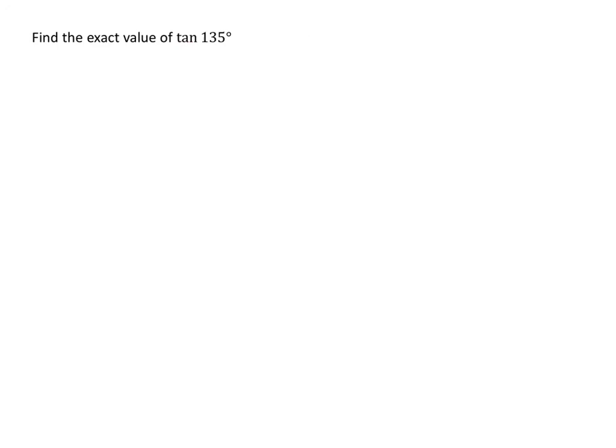Finding the exact value of tangent of 135 is relatively simple because really we could just plug it into our calculators. But on a problem like this, we can also think of it in terms of reference angles. Here's my coordinate plane. My initial side, 135 degrees, is somewhere in the second quadrant.